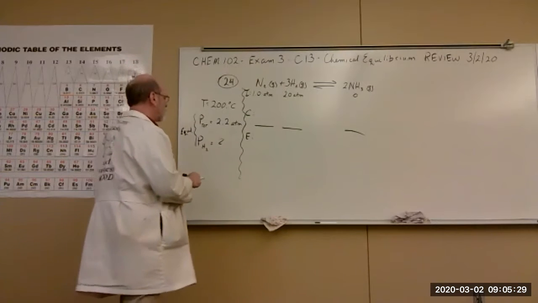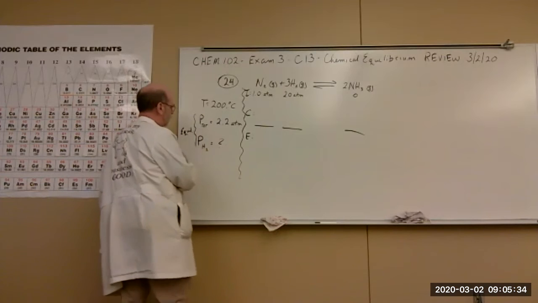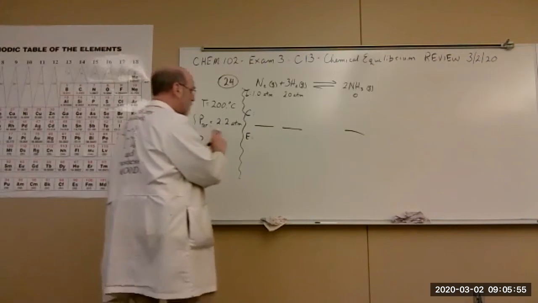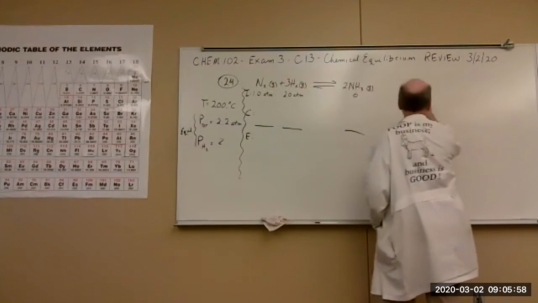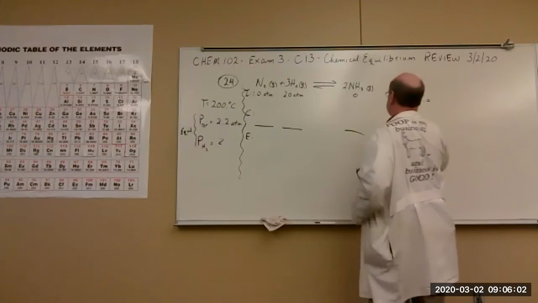We want to determine the partial pressure of hydrogen. Did I miss something? It didn't tell us what K was, did it? We may not need K, but for argument's sake, we do need to write it.